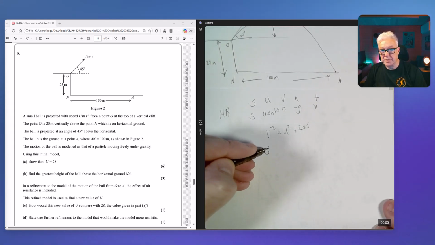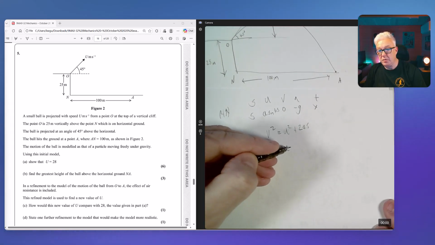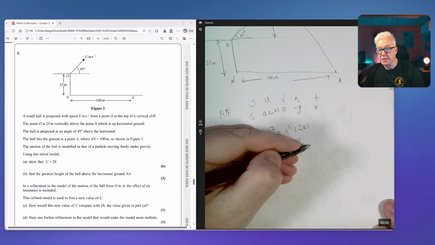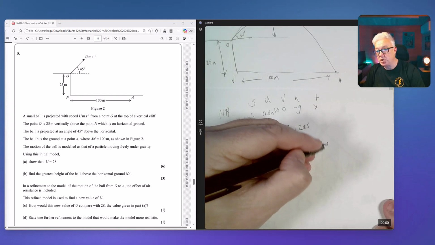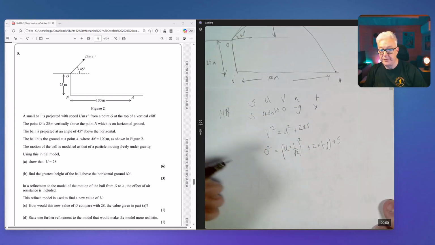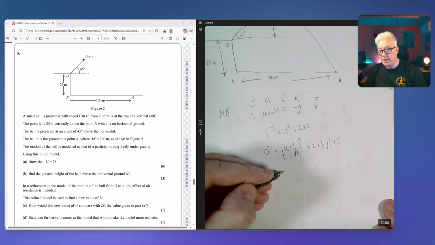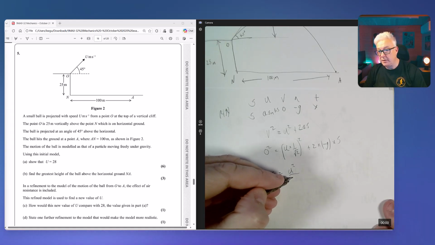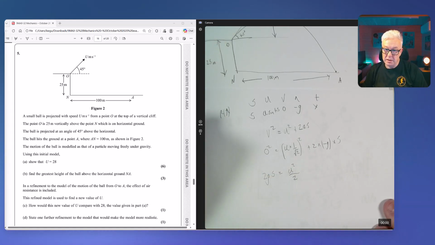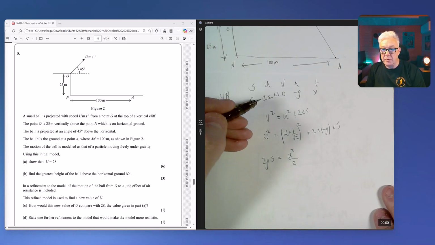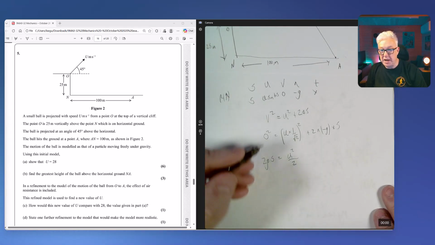So 0 squared is going to equal U times 1 over root 2 squared plus 2 times minus G times S. So we're going to have 2GS is equal to U squared over 2, like so. And remember, we now know that U is 28 as well.